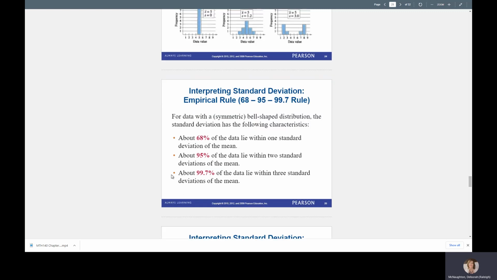Okay, so that's what that tells us. So if the data, again, is symmetric, this empirical rule, which is also called the 68, 95, 99.7 rule, tells me kind of how the data falls.